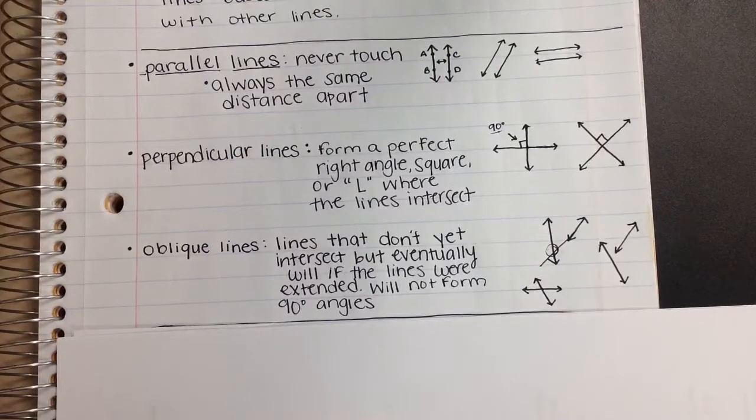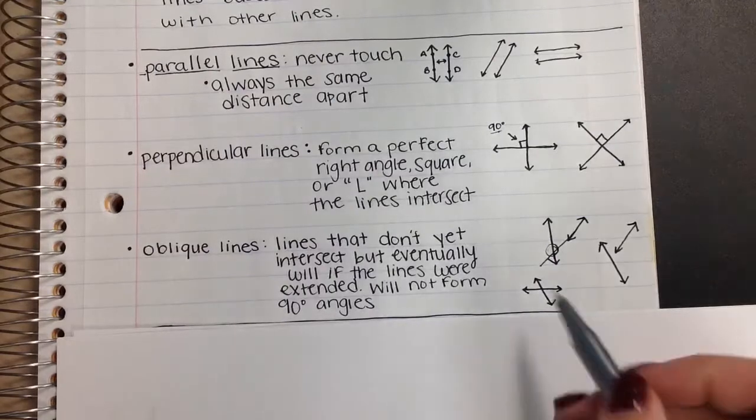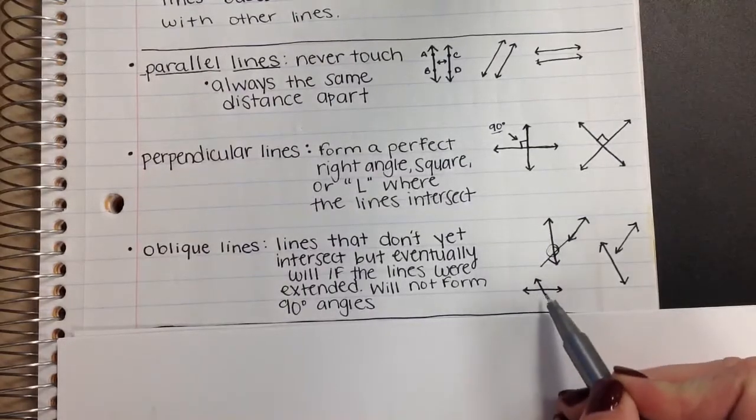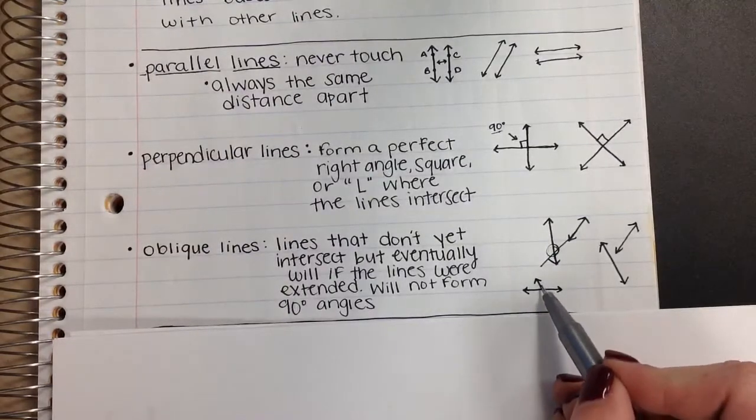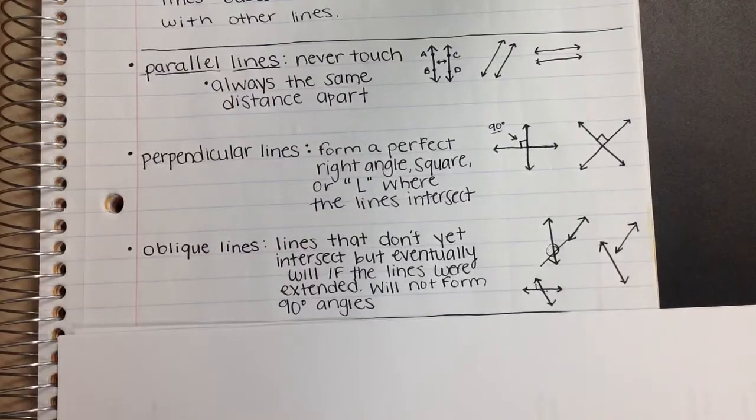So oblique lines are lines that don't yet intersect but will, or are lines that do intersect already, but they definitely don't have right angles where they meet. Pause your video and press play when you're ready to begin again.